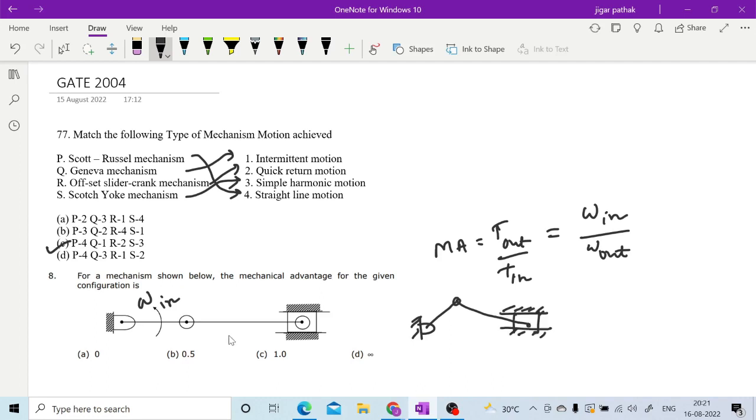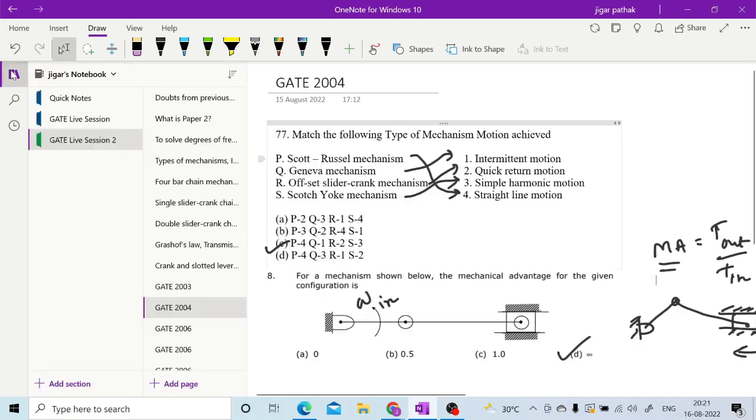This we have derived already, right? So here omega input will have a certain value, but omega output is 0 because your slider is having linear motion. That is why infinity is the correct answer for this mechanical advantage.